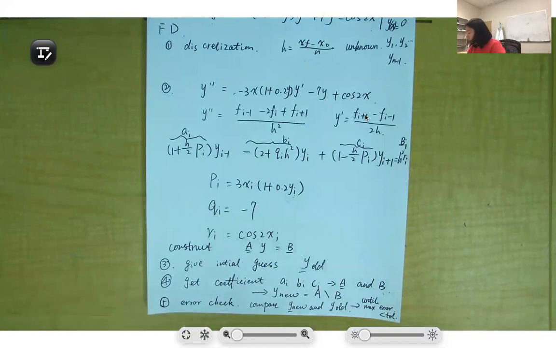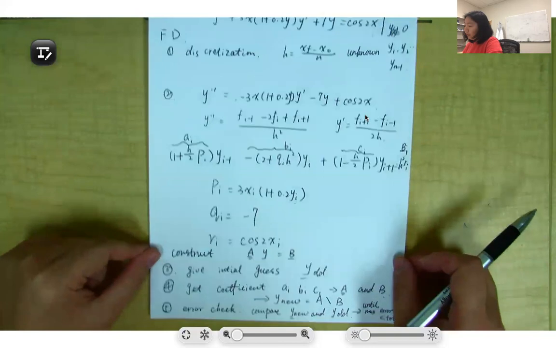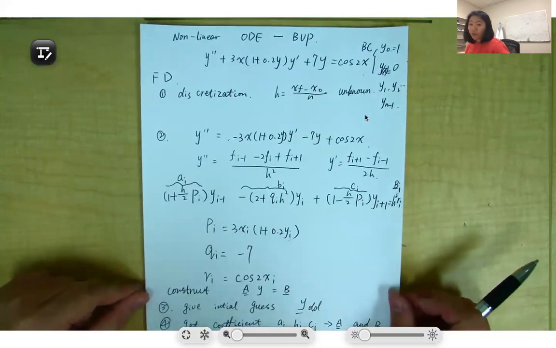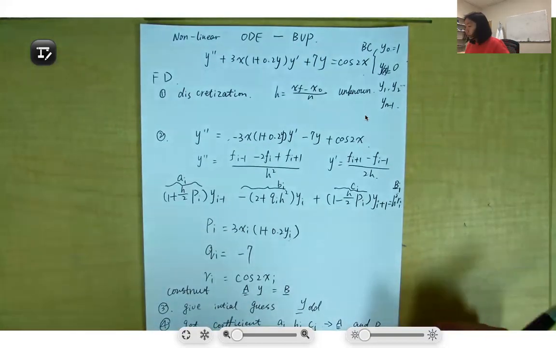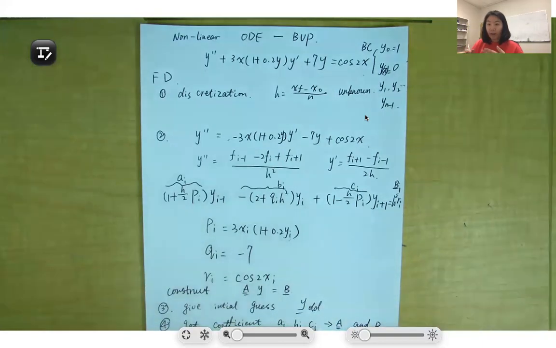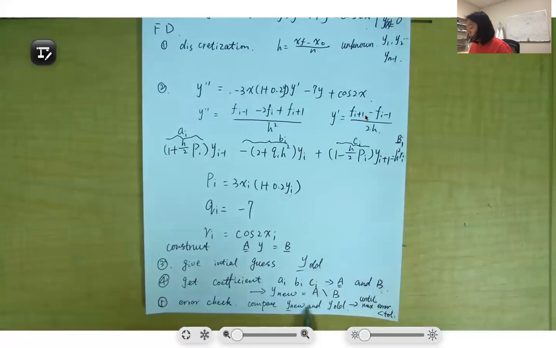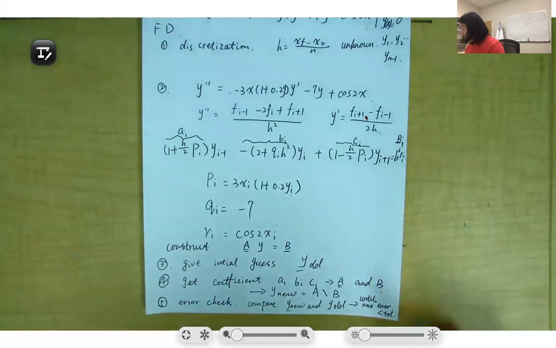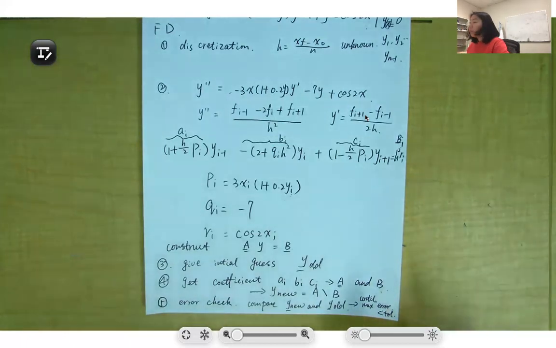All of those differences have to be smaller than the tolerance, then you are done. So this is the difference between the nonlinear ODE with boundary value conditions as compared to the linear one. The linear one you can directly solve, which is A over b. But for the nonlinear, you need to update y until all the errors are smaller than the tolerance.